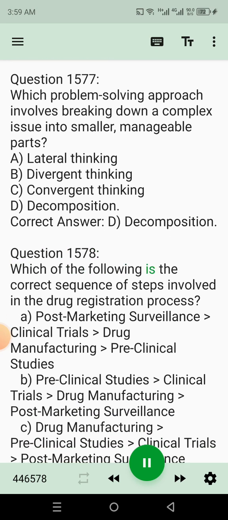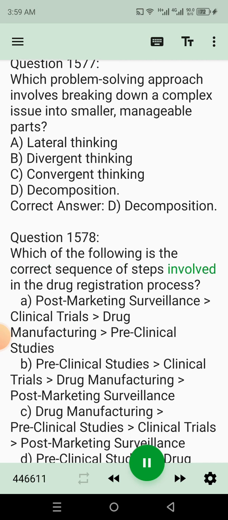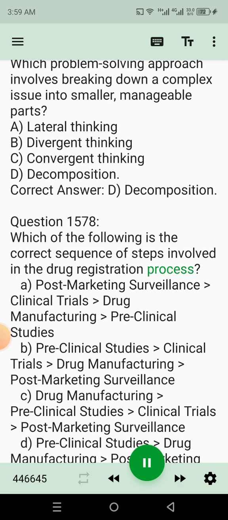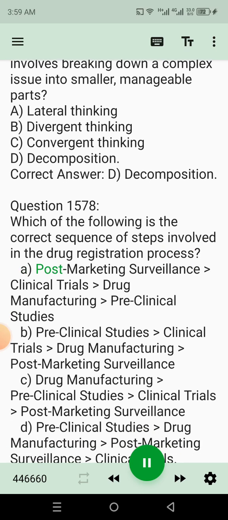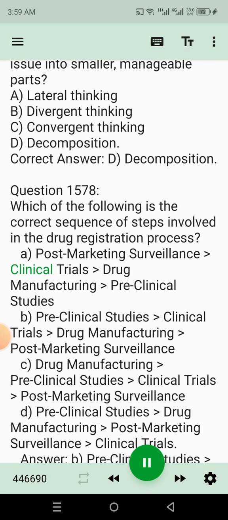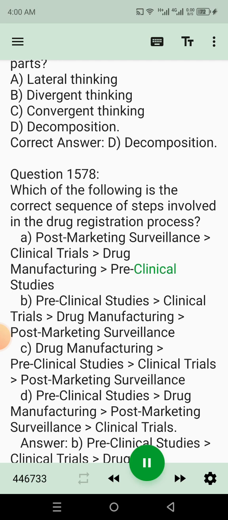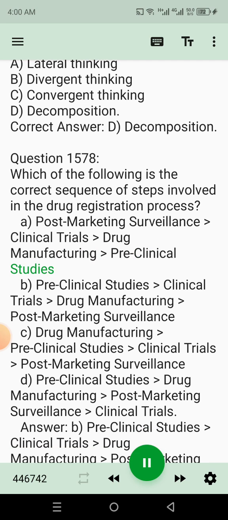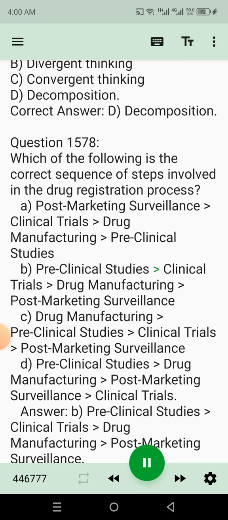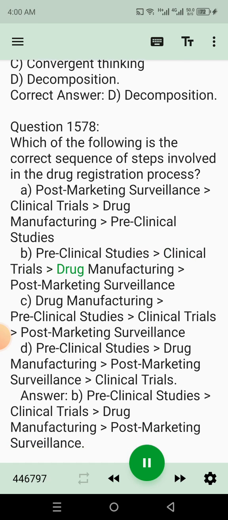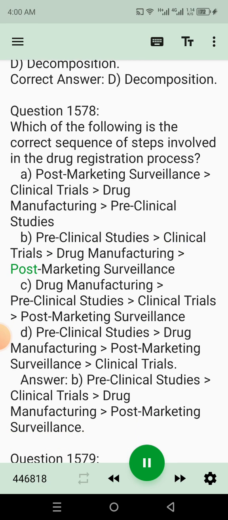Question 1578. Which of the following is the correct sequence of steps involved in the drug registration process? A. Post-marketing surveillance, clinical trials, drug manufacturing, preclinical studies. B. Preclinical studies, clinical trials, drug manufacturing, post-marketing surveillance.